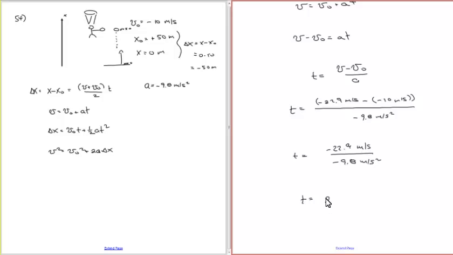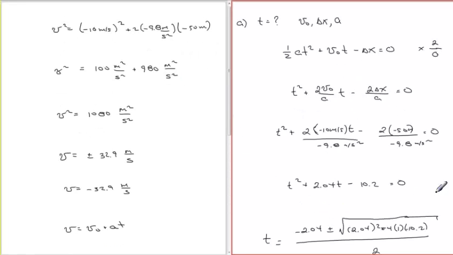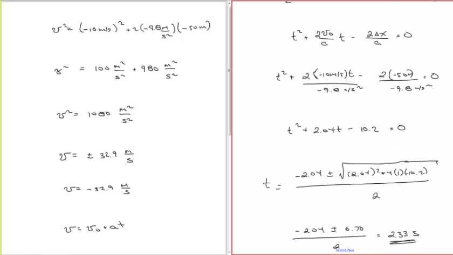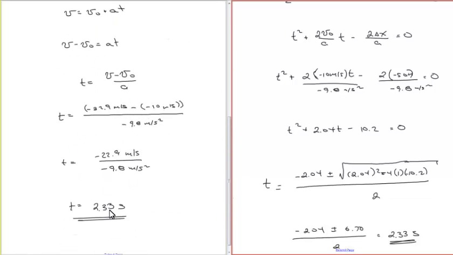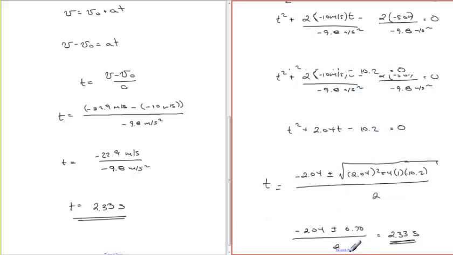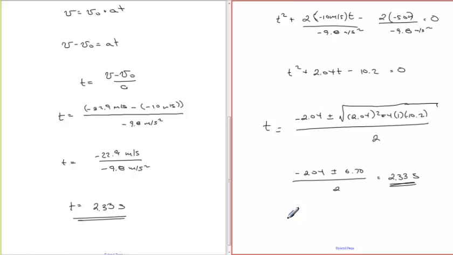So you get 2.33 seconds, which compares with doing it the other way, the harder way, 2.33 seconds. So you can see we get the same answer. In this case, we solve for velocity first and then calculated time. Here we calculated time, and with time you can calculate velocity because v is equal to v0 plus at.